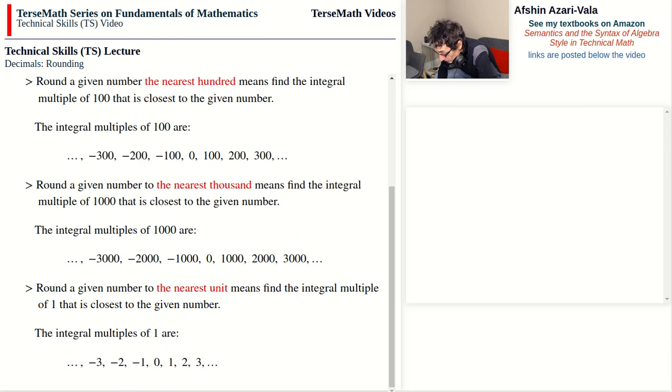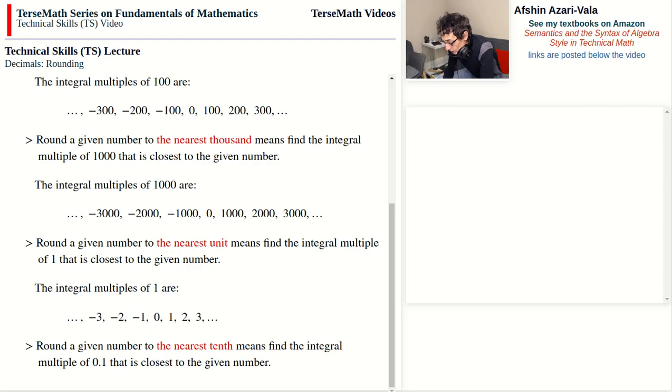And now on the fractional side, if we say round a given number to the nearest tenth, it means find the integral multiple of a tenth, or 0.1, that is closest to the given number. And anytime you want to find integral multiples of a number, you multiply that number by integers. So for example, 0.1 times 0, then times 1, times 2, times 3, and also on the negative side, times negative 1, times negative 2, times negative 3, and so on.